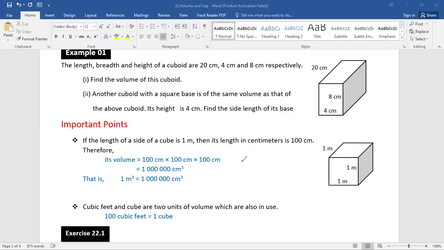Very basically, you know that 1 meter equals 100 centimeters.